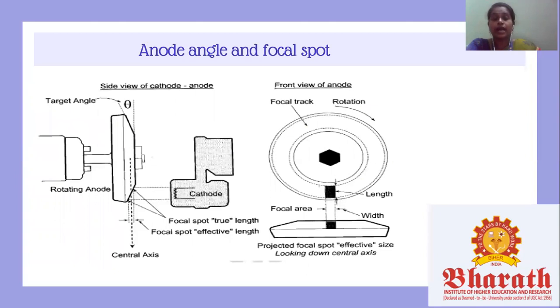The anode angle is the angle between the vertical and the target surface. Most X-ray tubes have an anode angle of 12 to 15 degrees, and a smaller angle results in a smaller effective focal spot.